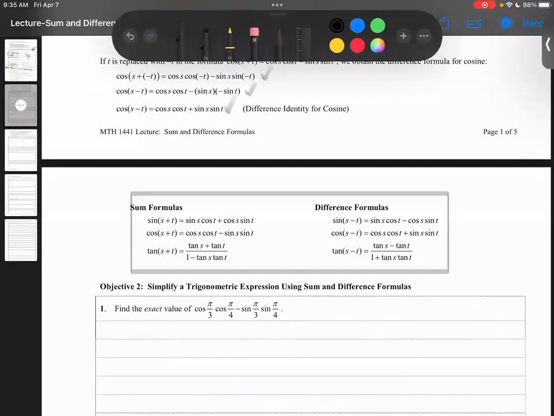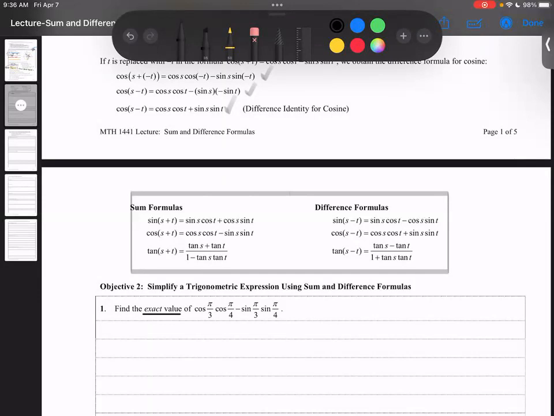Remember, they ask for exact values, meaning no approximation. Pull up your unit circle.